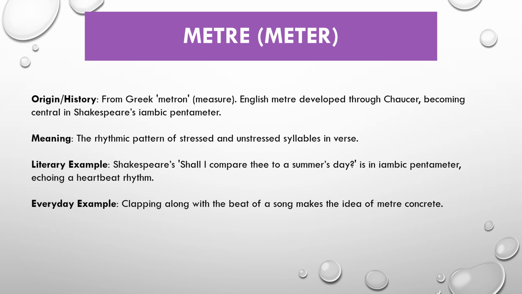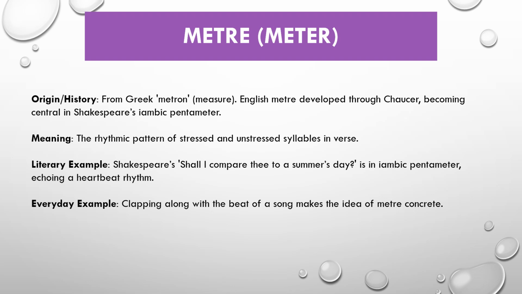Then it becomes pentameter. So one iamb consists of two syllables. Similarly, you have other kinds of feet also, anapaest, then trochee, and all that you should know. So the rhythmic pattern of stressed and unstressed syllables in poetry or in verse is called meter.